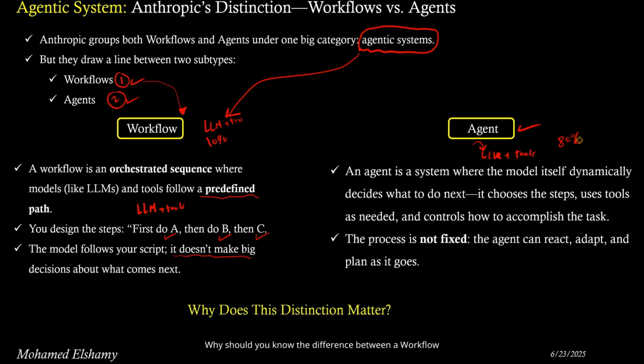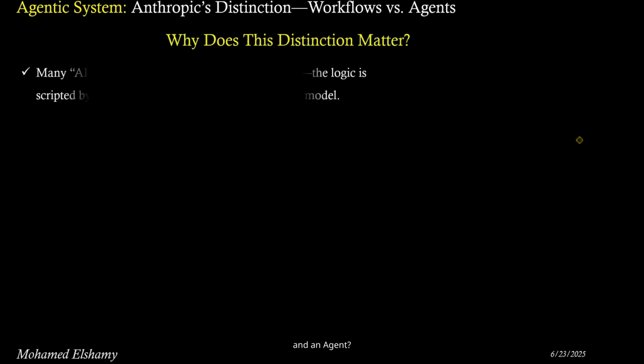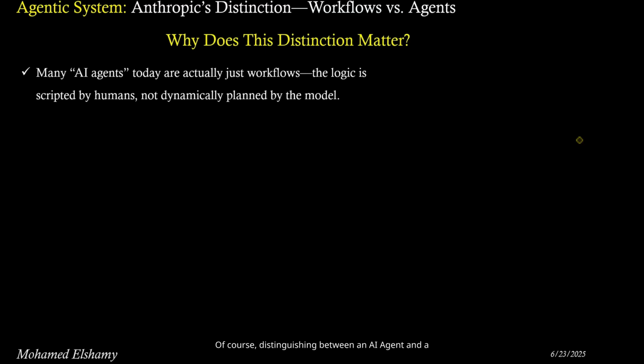why should you know the difference between a workflow and an agent? Let's see here. Of course, distinguishing between an AI agent and a workflow is very important because most of the AI agents being built these days are actually, in reality, a workflow, not an AI agent, because most of the time you are already specifying to the LLM what exactly it should do.